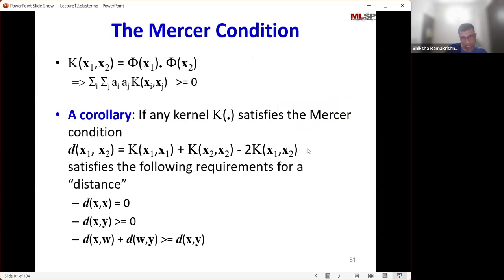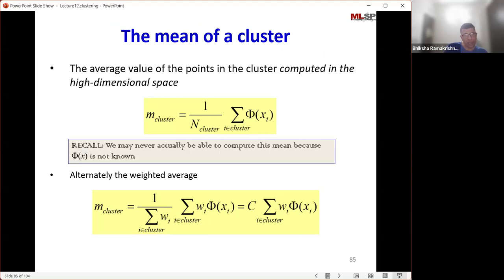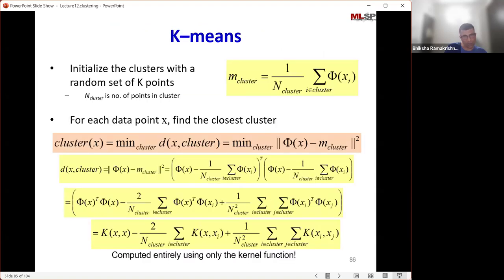So you never actually compute phi of x, which means that you cannot compute the centroid of a cluster, because the centroid of a cluster must be computed in the high dimensional space. So this computation is not going to be feasible because we don't know what phi is. And so even if you want to perform a weighted average, you can't do it. So we may never actually be able to compute this mean because phi of x is not known.